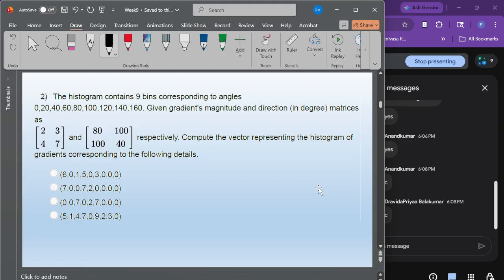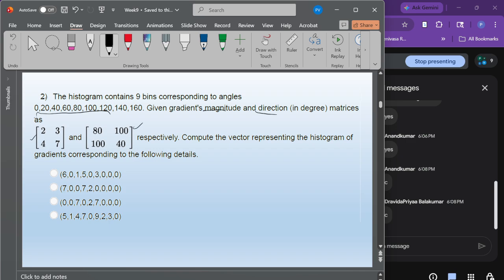Here the magnitude and direction matrices are given. That one is the magnitude matrix and this one is the direction matrix.